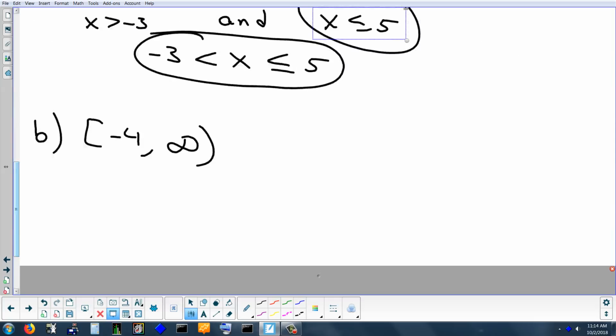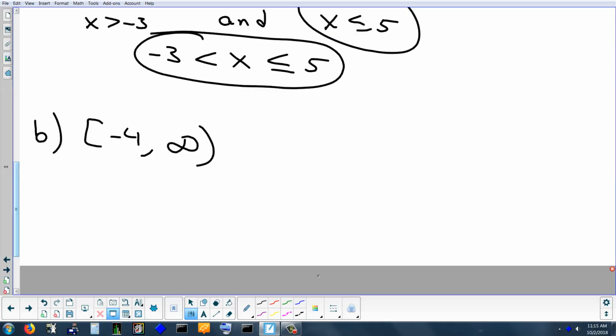And if you have infinity, you will always have a parenthesis. To be closed, you'd have to have brackets on each end. So it's impossible to be unbounded and closed. That's like a contradiction. All right, so this one is unbounded. It's half open. So it's closed on the left, open on the right.